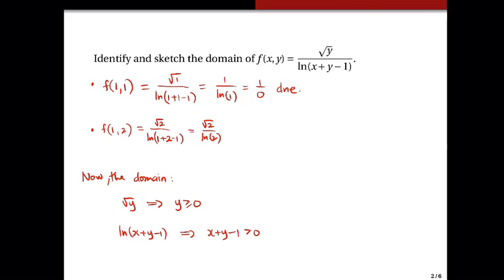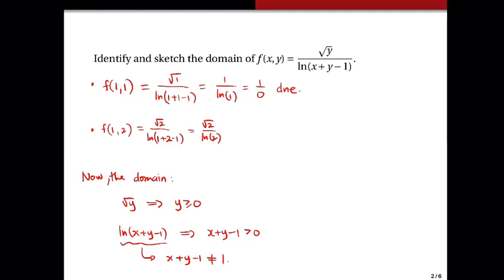So this will mean that we don't want x plus y minus 1 to be equal to 1, because ln of 1 will give us 0. And since this is a denominator, we don't want that. Just like what happened in here. We used the point (1, 1), and it turned out that the ln value is equal to 0 at the point (1, 1). And therefore, (1, 1) should not be in the domain of the function f.